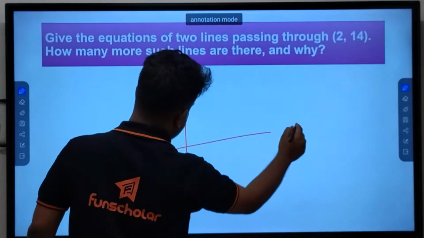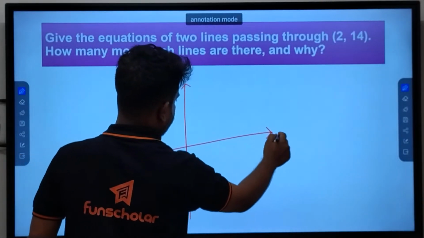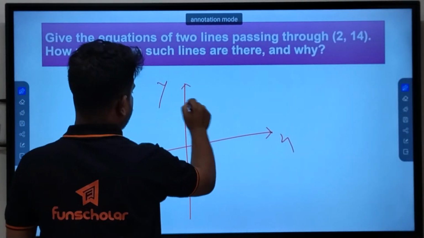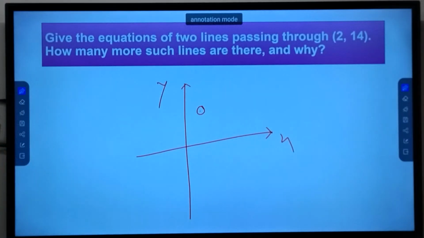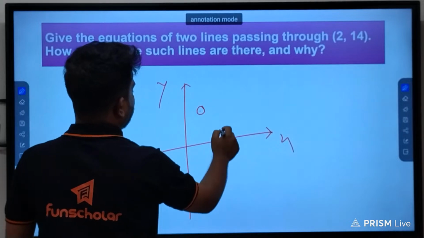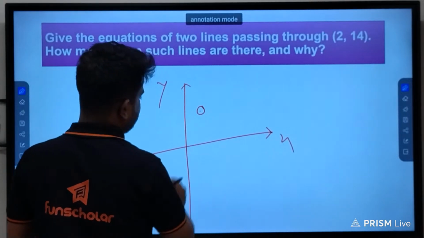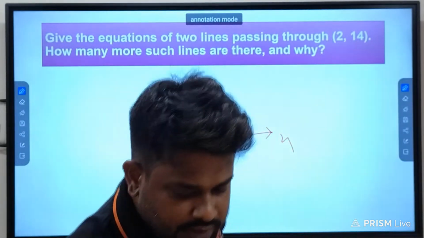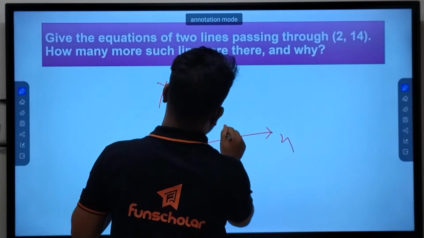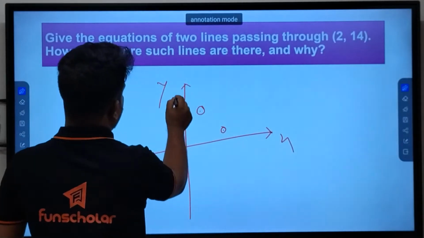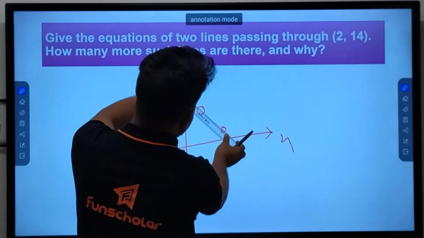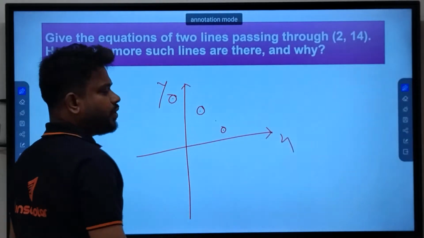So if this is the x and y axis, the point 2 comma 14 will be here, and talking about the lines which can pass, if I draw a point here, you can just place a scale and put the points wherever you like. If I draw this point here and join them, we can tell that these 2 points are joined.